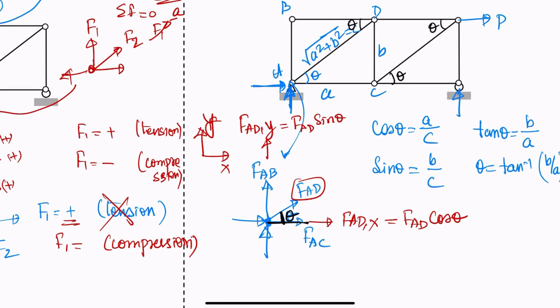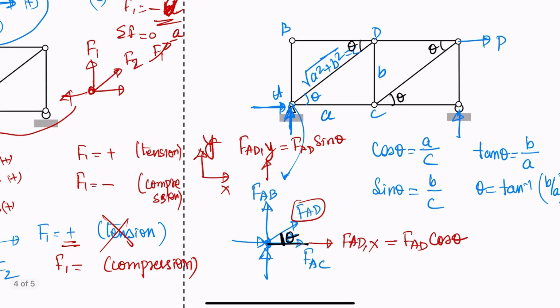I always tell the students to take theta with respect to x. So if you point FAD toward x, FADX will always be FAD cos theta, and FADY will be FAD sine theta.